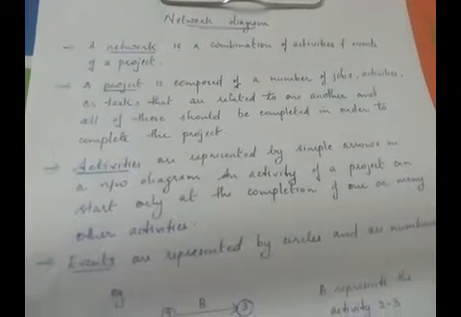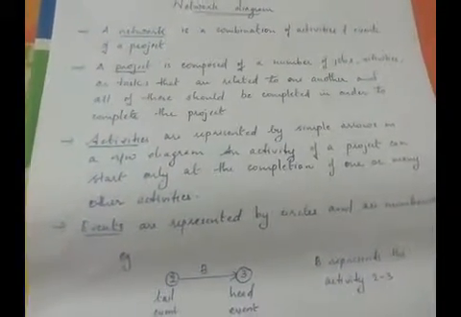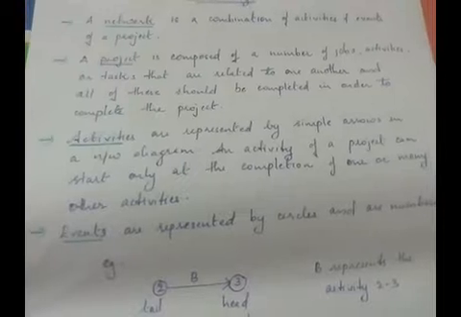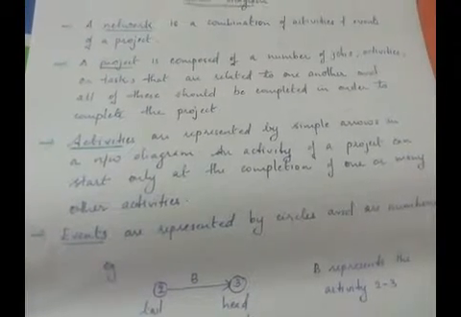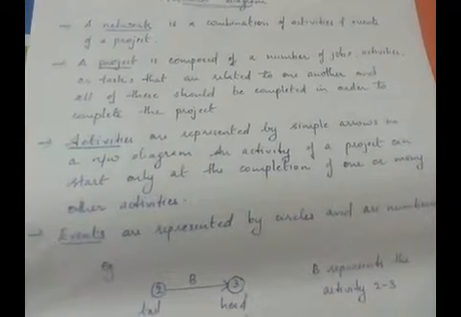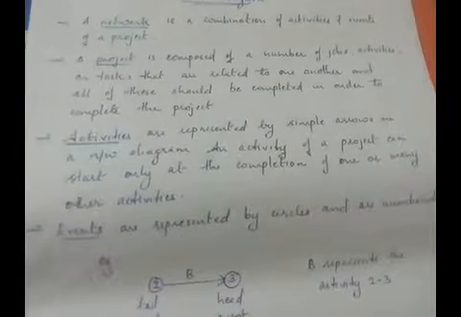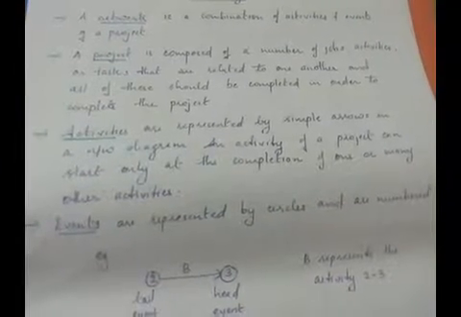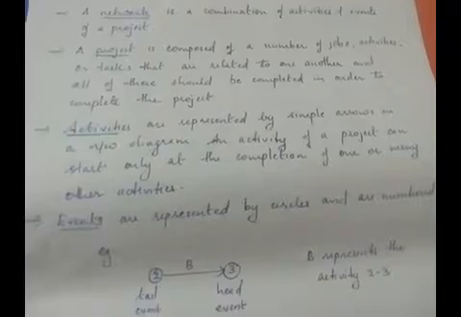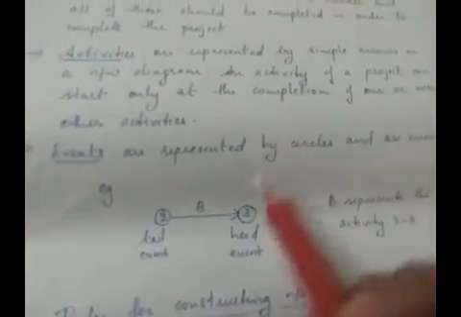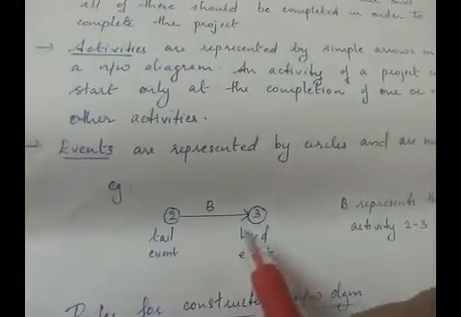Now how do we represent these activities and events in a network diagram? Arrows represent the activities in a network diagram, and the events are represented by circles and they are numbered. Looking at the example here, we can see an activity is represented.